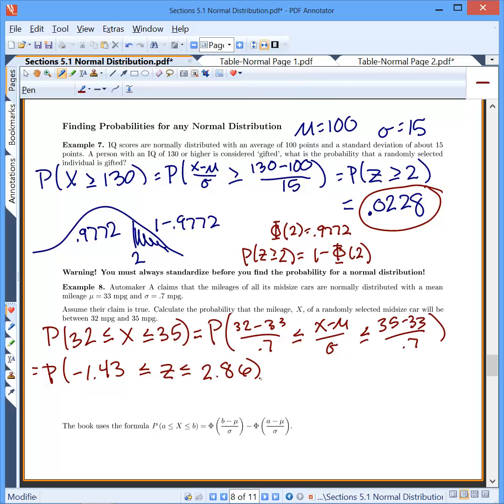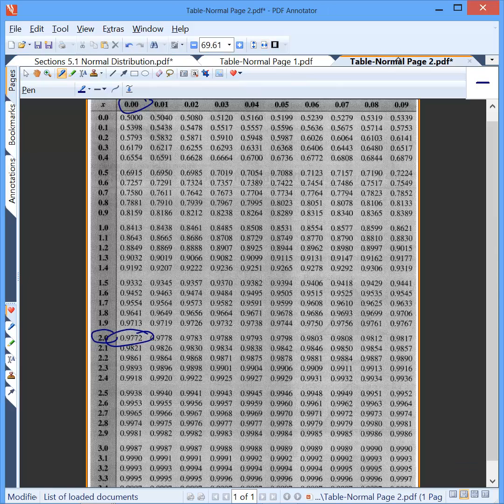Now we've done a lot of problems like this using our CDFs, and I could evaluate this as the CDF for z, which is the uppercase phi, of 2.86 minus the CDF evaluated at negative 1.43. So we need to come to our table, so I want 2.86.